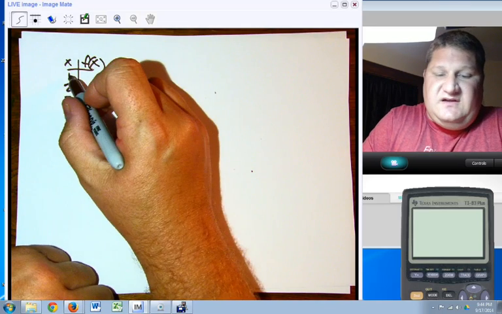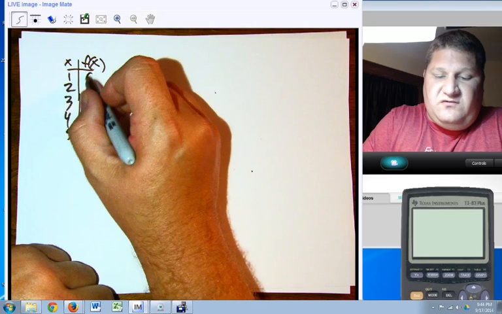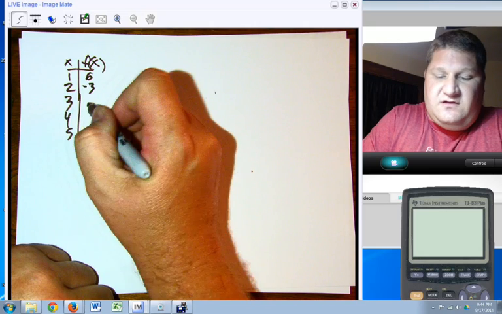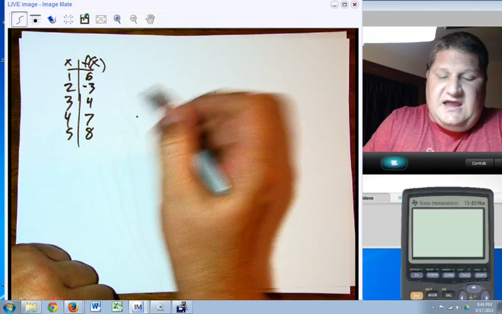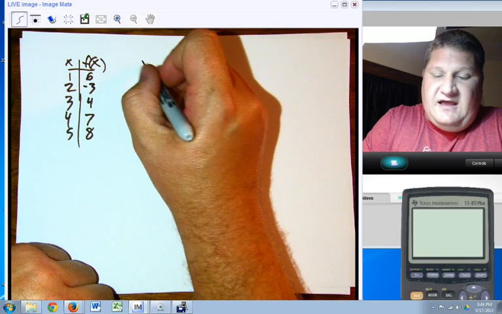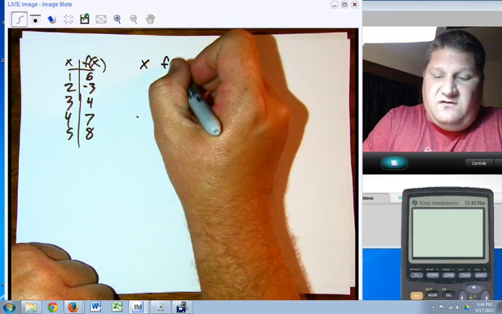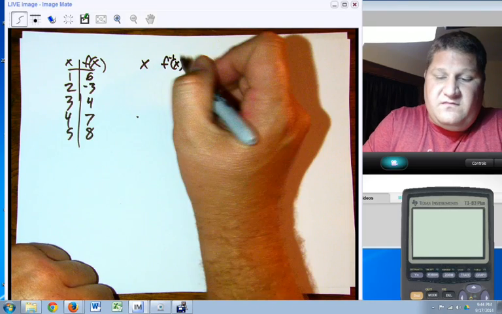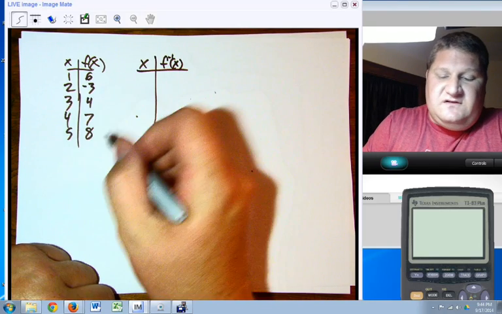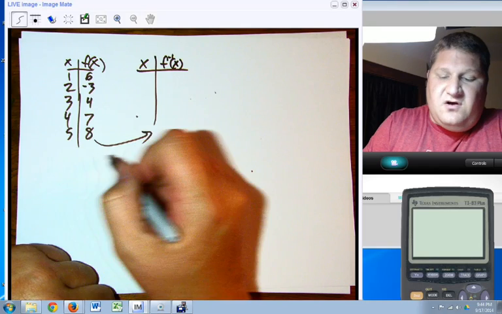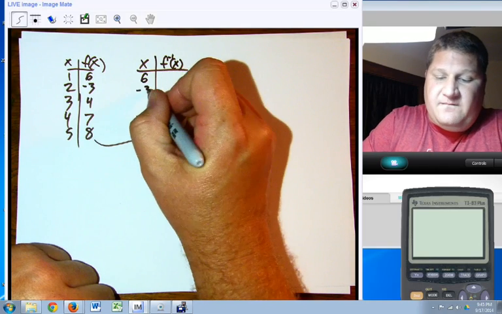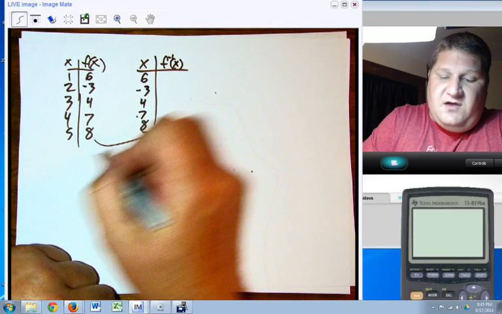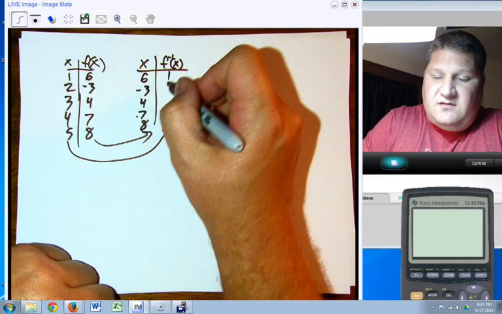And I have a t-table that says 1 goes with 6, 2 goes with negative 3, 3 goes with 4, 4 goes with 7, and 5 goes with 8. If I want x and its inverse, very easy to do numerically, because all I do is put what was y in the x column and what was x in the y column.